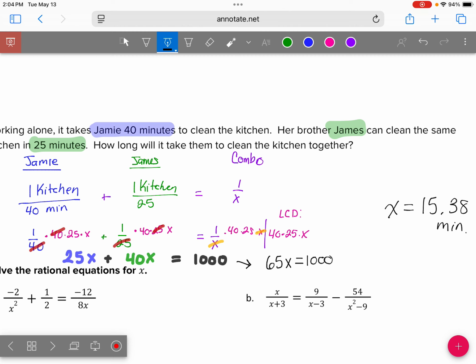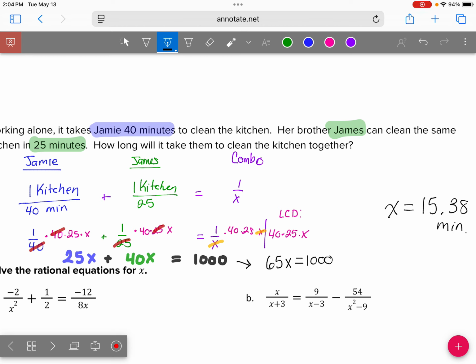We got time to do a couple more if you want to. Or if you just want time to work, that's okay too. Someone have another one you want to do? 8 and 9. 8 or 9?